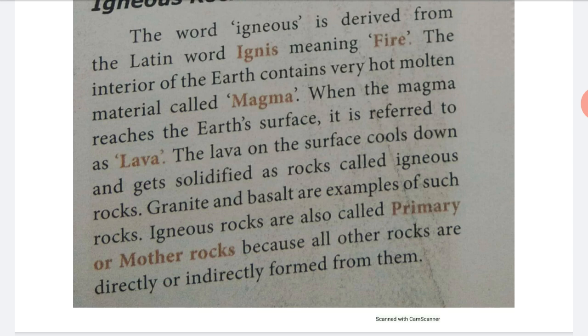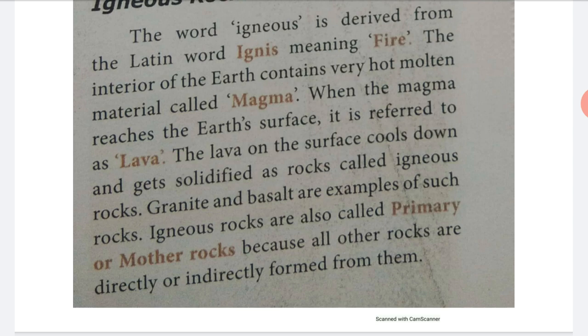Igneous rocks are also called primary rocks or mother rocks. Why? Because all other rocks are directly or indirectly formed from the igneous rocks.